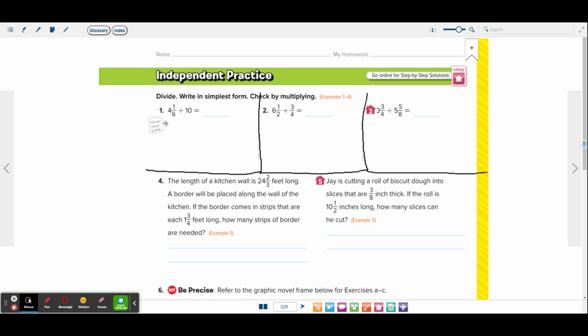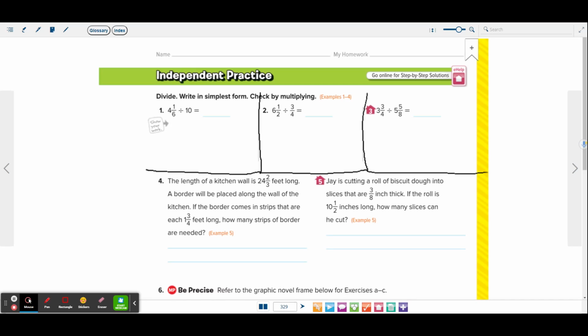Page 257 is lesson 1. So you're going to need to know how to do problems all the way through from lesson 1 to lesson 8. 257 all the way through what we're doing today, which is going to be page 331. So make sure you're going through those to review and study.